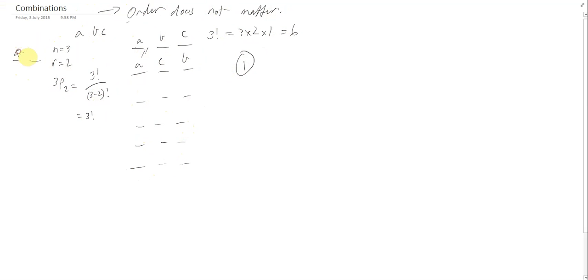This will be A and B, or A and C, or B and A, or C and A, or B and C, or C and B. They're our only options, but A and B is the same as B and A in terms of the combination. Similarly, A and C is the same as C and A, and B and C is the same as C and B. So we actually have 3 factorial divided by 2 factorial, because there are 2 spots, and so they could be swapped around in different ways.